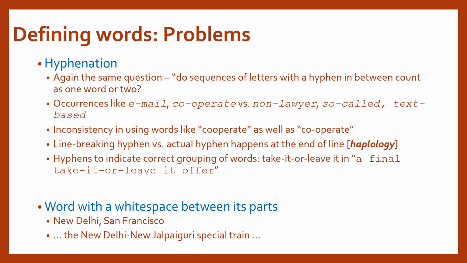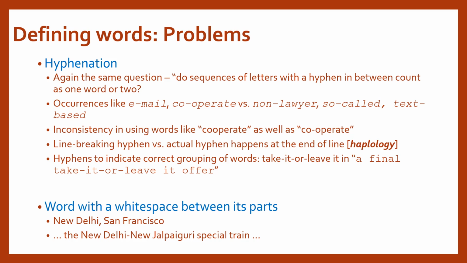This kind of situation is called haplology also: you don't put two hyphens to indicate that this is something happening at the end of the line as well as the actual hyphen. Similarly, this situation appears for the period case as well.